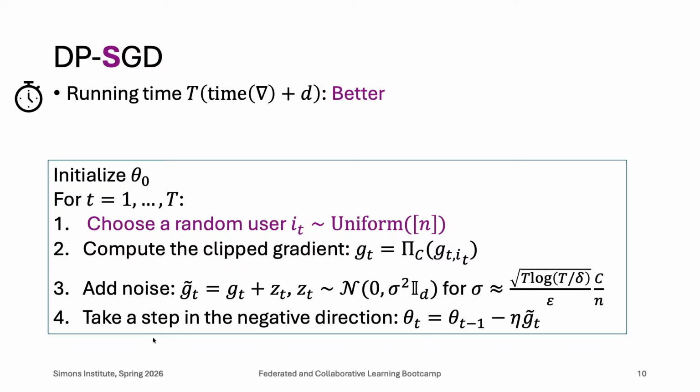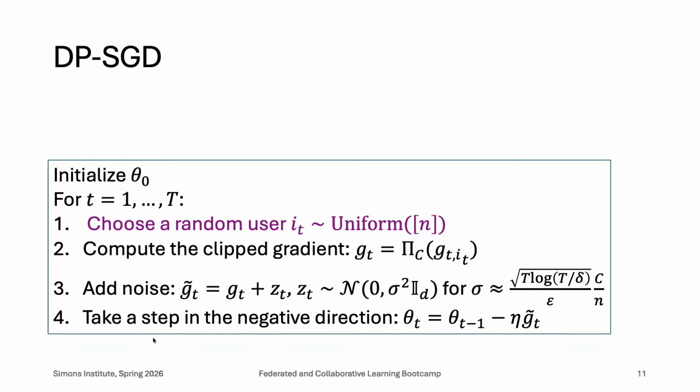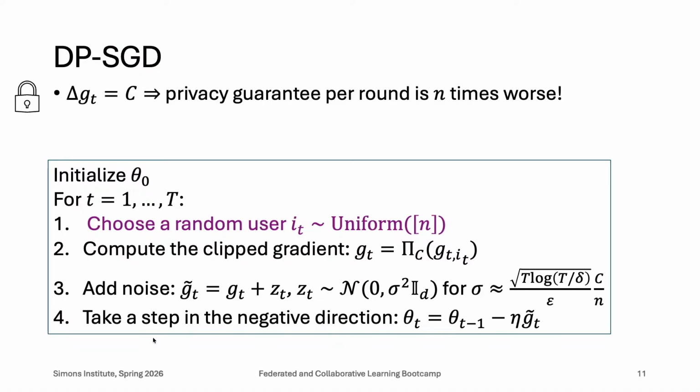Why can't we move to this algorithm? Yes? The noise would blow up. Exactly, right. I didn't change the noise from the previous slide. This was the noise that we were adding in normal gradient descent, not stochastic. But the sensitivity of this step is now C. I'm not averaging, so it's not C over n, it's C. You can look at it two ways.